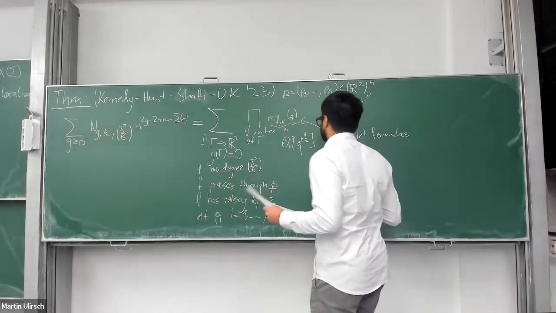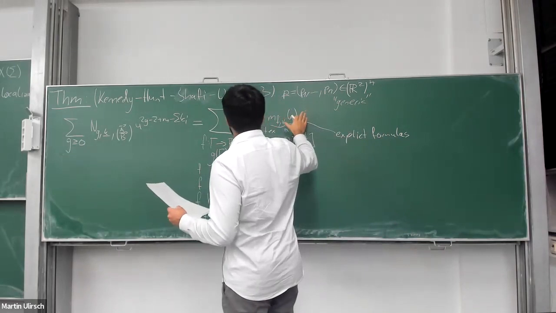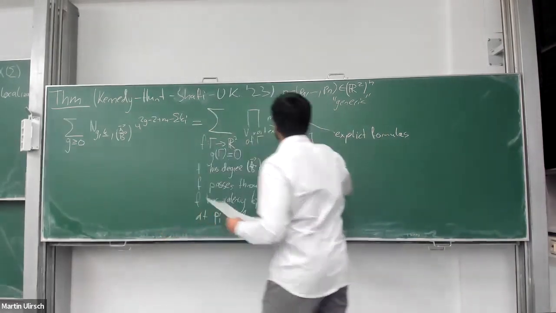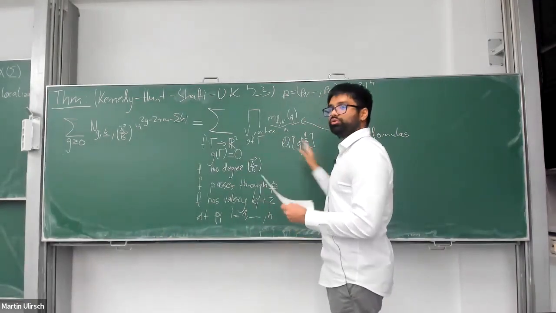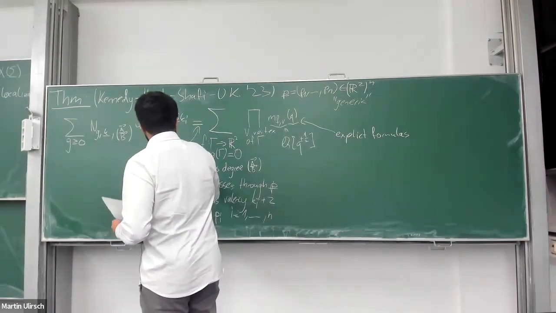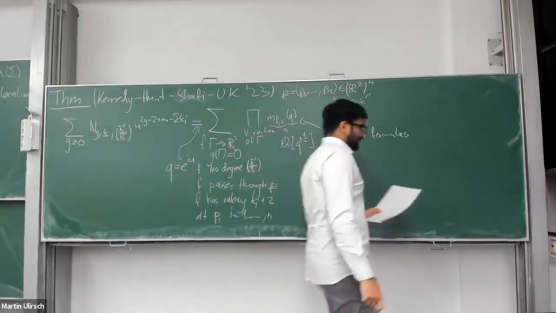Now you might see that the left-hand side is a formal power series in U, and the right-hand side is a Laurent polynomial in Q. I have to tell you how to go from Q to U. That is given by the transformation Q equals e to the iU.